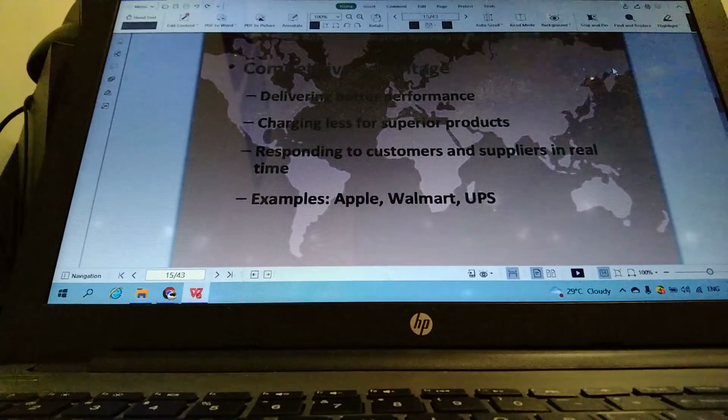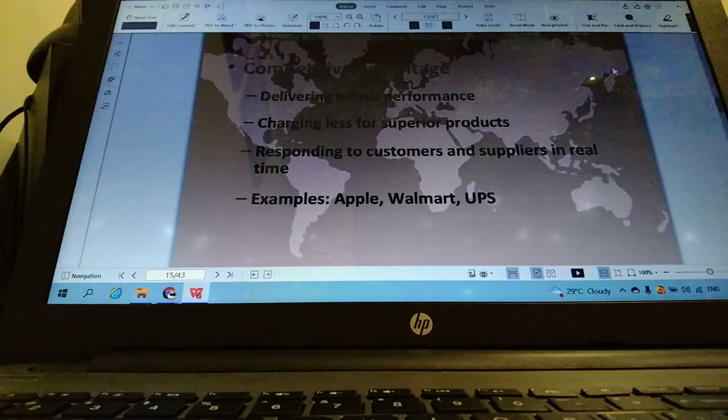Moving on under the same topic, the role of IT systems in business today. With the IT system or MIS, it helps companies stay competitive by delivering better performance and charging less for superior products.